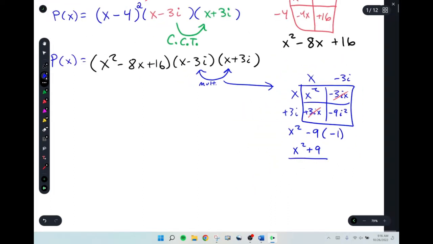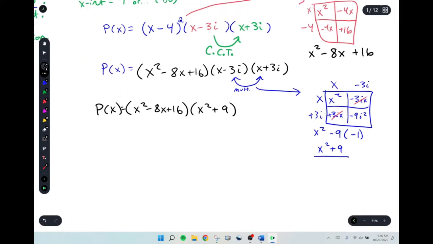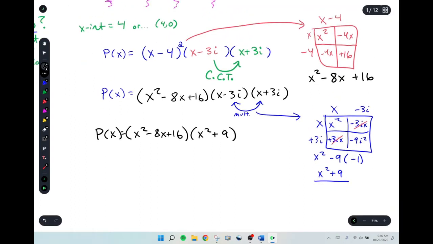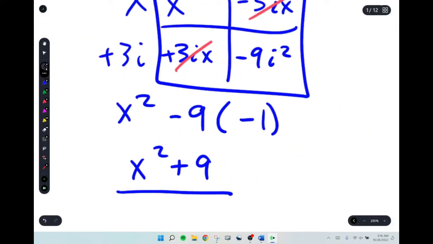Okay. So now we've got, I know it's getting long and convoluted, x squared minus 8x plus 16 times x squared plus 9. So far, so good? Oh, the identity of i squared is negative 1, because technically i is the square root of negative 1.